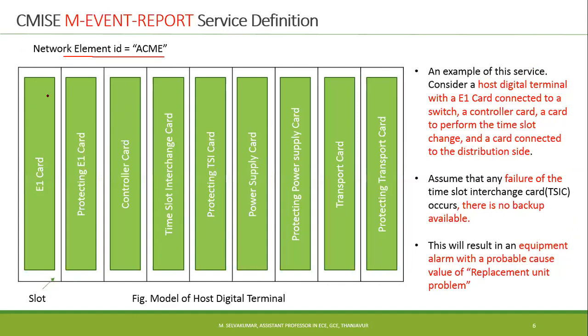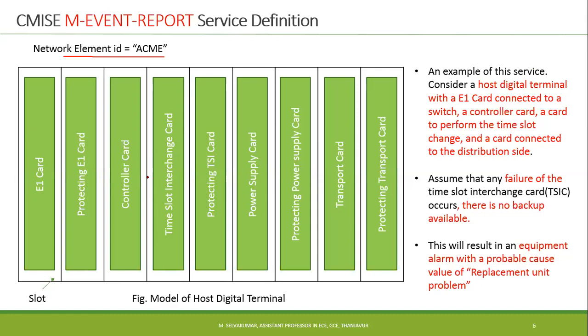For example, in a telecommunication network, if lightning happens, any one of the cards, the time slot interchange card or the controller card, may be blasted in the telecommunication network operation center. So they have redundancy of the card.